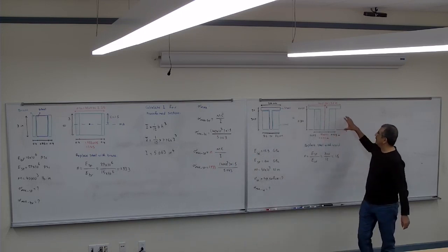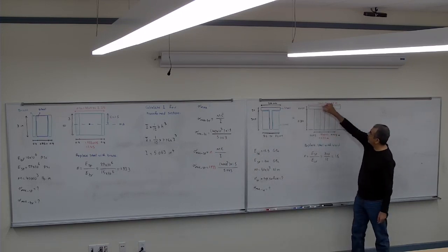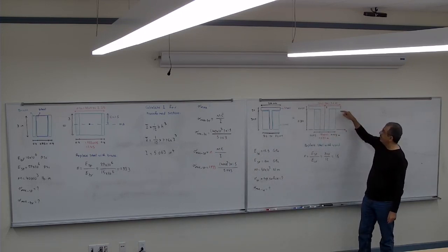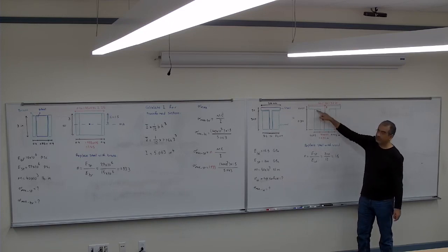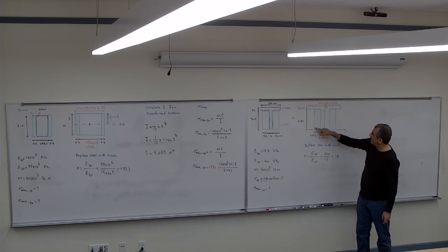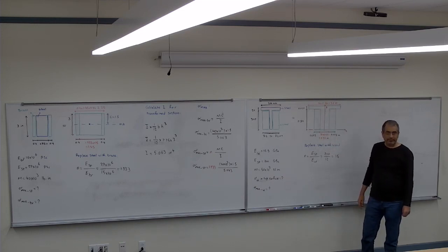The easiest way is to get the top rectangle and this bottom part as the second rectangle. This entire part, one rectangle, and the top part also as one rectangle.